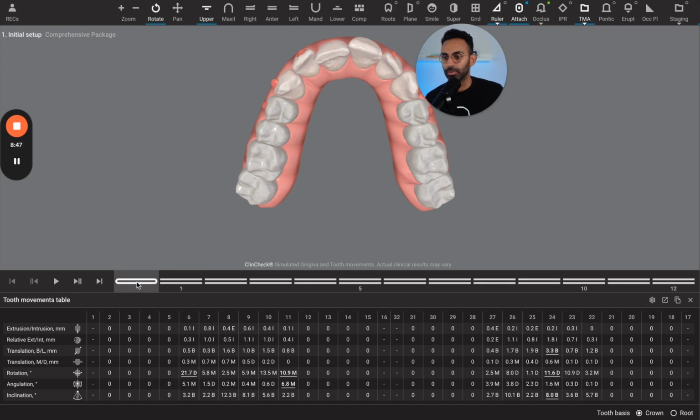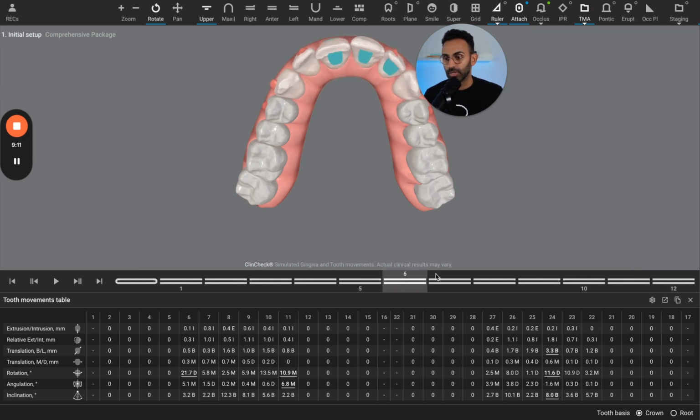Now, what are these blue things here on the back of the teeth? These are called bite ramps. Bite ramps are phenomenal. I like to use bite ramps on all my cases except for anterior open bite cases and cases where there is little to no clearance to begin with.